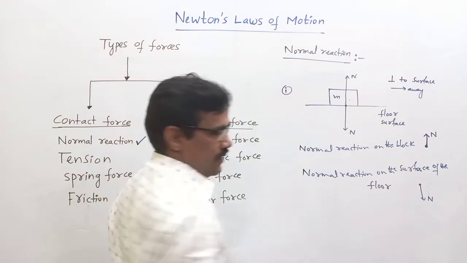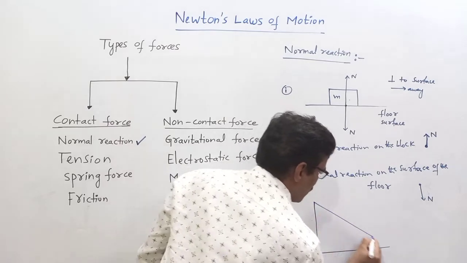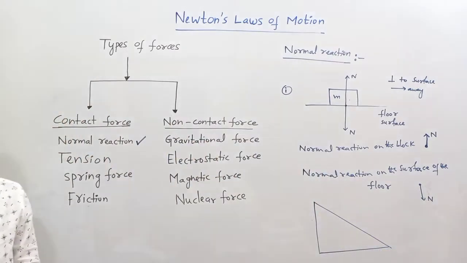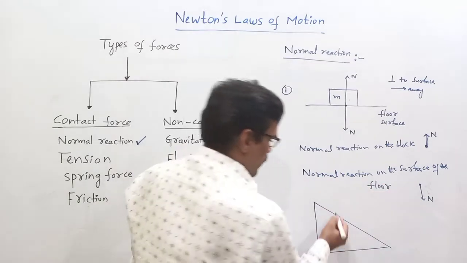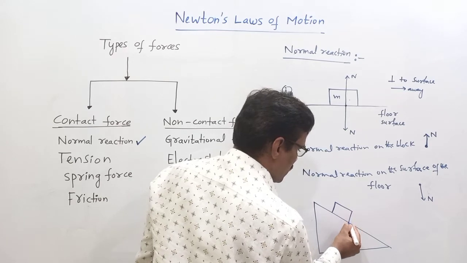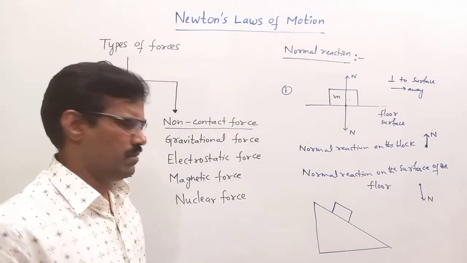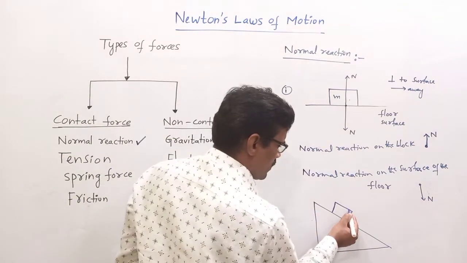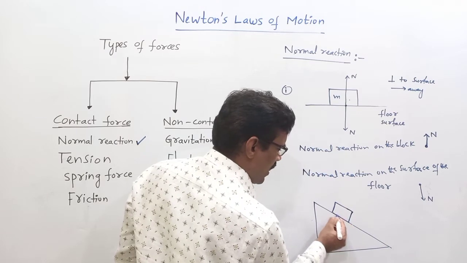Then let us consider an inclined plane. This is a fixed inclined plane where a block is kept on the surface. Whether it slides or not, no problem. This is the contact surface.